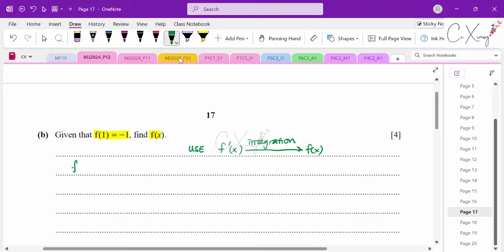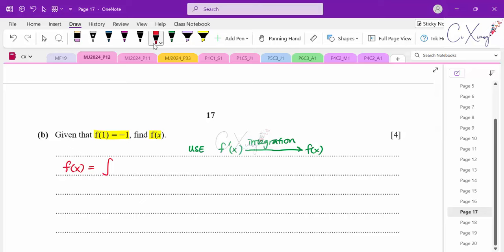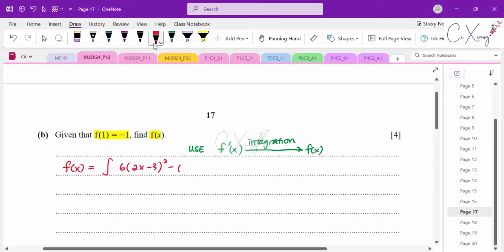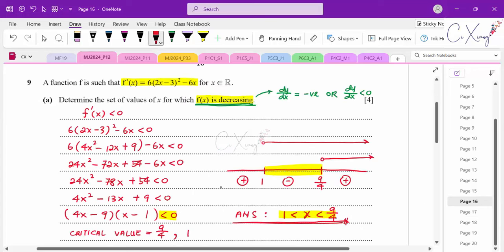Okay, right. So to get function f(x), I need to integrate my f prime x. So what is my f prime x function here? My f prime x function is 6 times (2x minus 3) squared minus 6x. So they will ask, can we just use back the expanded equation for the integration?